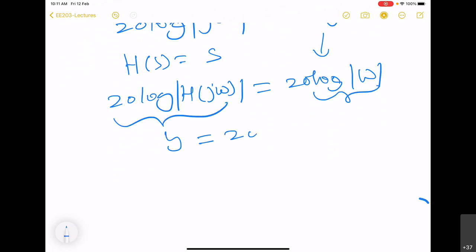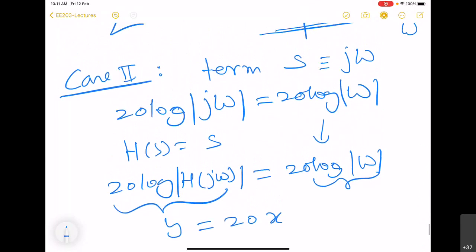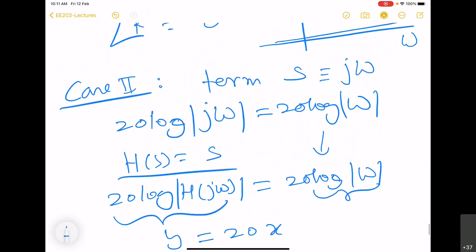So this becomes 20x. If we have a transfer function like this, it will also be called a zero at origin. That means when the frequency is 0, at that time the transfer function is 0.